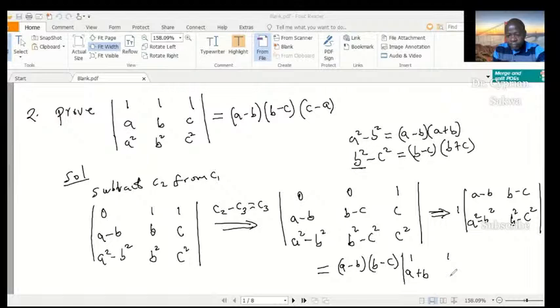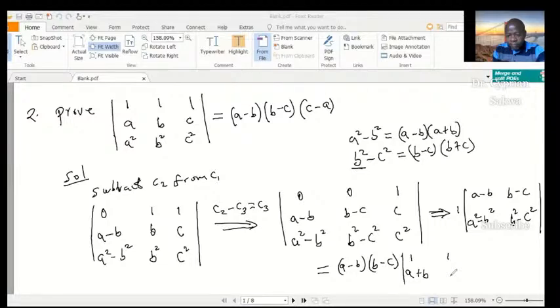What I have outside the bracket is A minus B multiplied by B minus C, and I hope nobody has a problem with what I've done here. I've already said what this one is. This is A minus B multiplied by A plus B. So when A minus B is taken outside, it goes into this one once, and then it goes to what is here, A plus B.